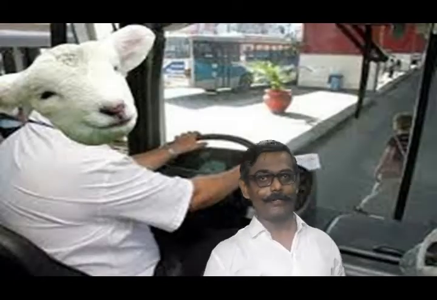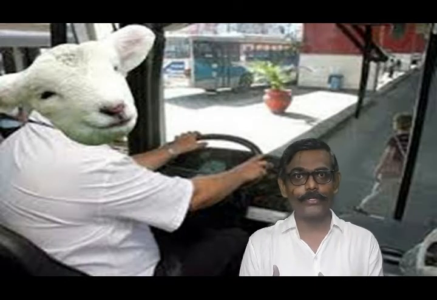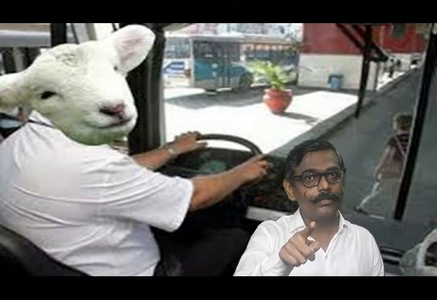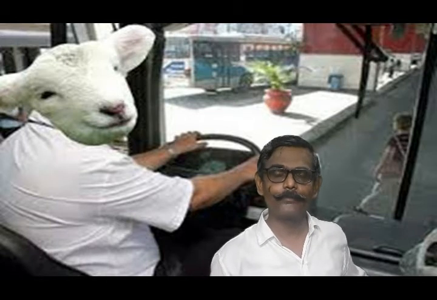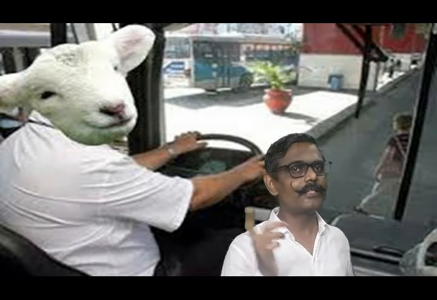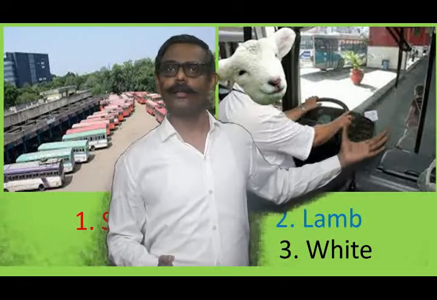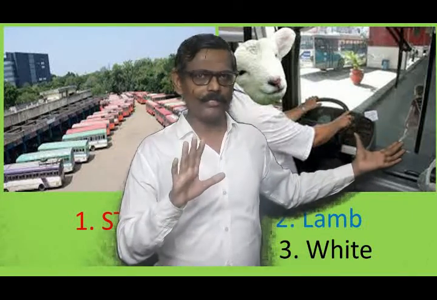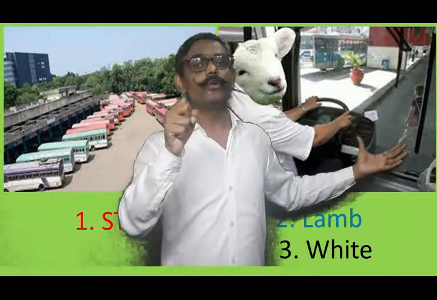Lamb is driving a ST. Likewise, you will remember both things. At the same time, you need to remember the color. What is the color of the lamb? White. So the three things to be remembered on this slide are: ST, state transport, and white lamb. Is it clear?